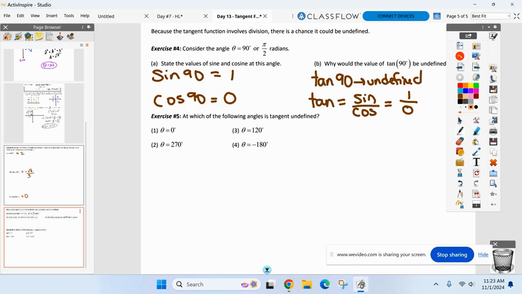So last one, exercise 5. I'll let you do this one before I call on somebody. Which tangent is undefined for these angles? Just use your calculator. I'm not going to ask you to go nuts here. Which one gives you a tangent that's undefined? 0, 270, 120, or negative 180?